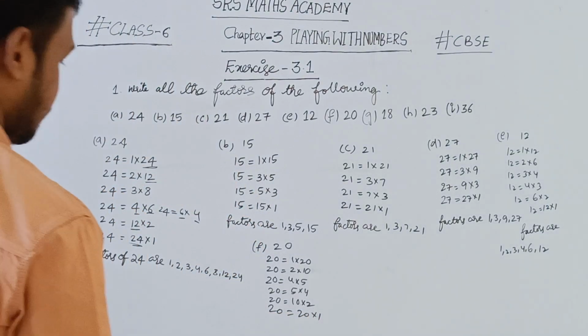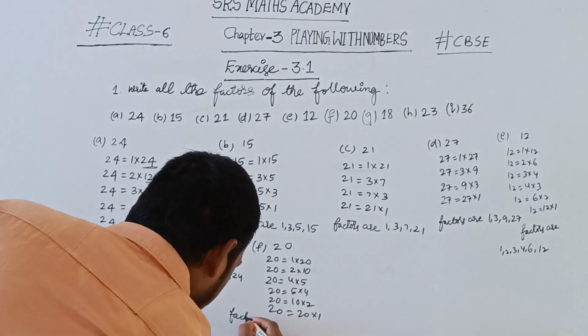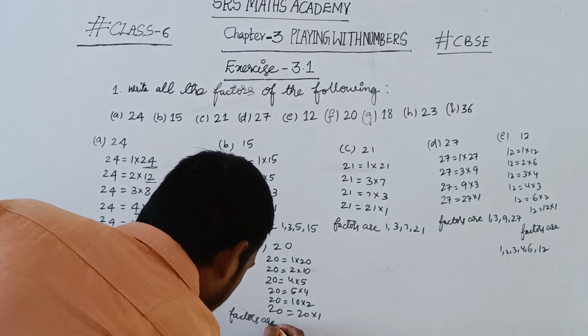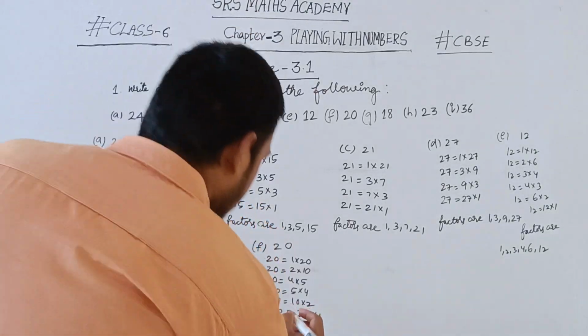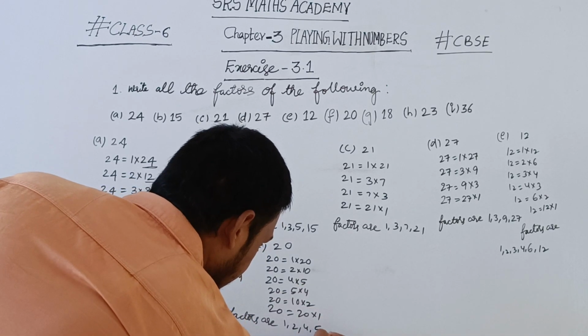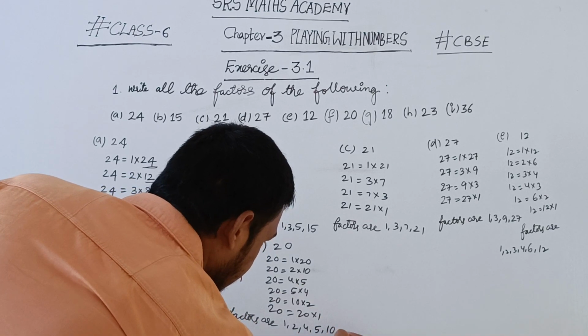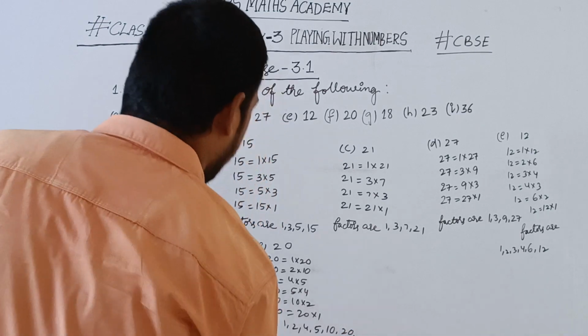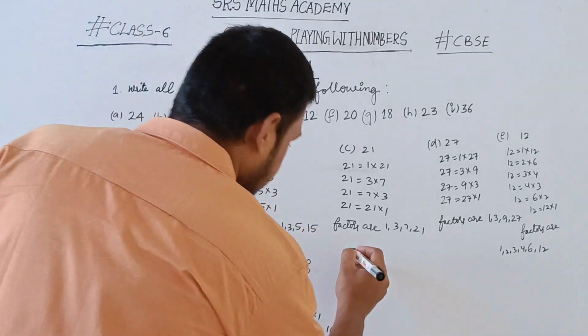So factors are 1, 2, 4, 5, 10, 20. These are the factors.